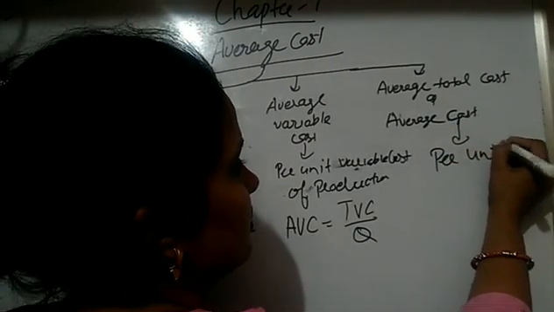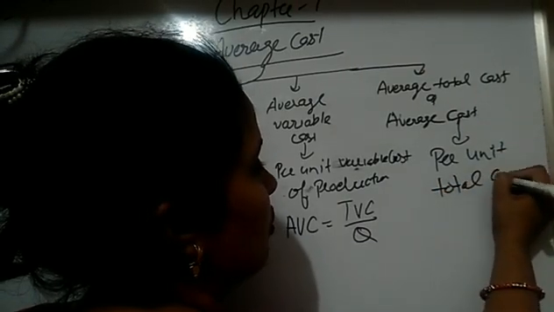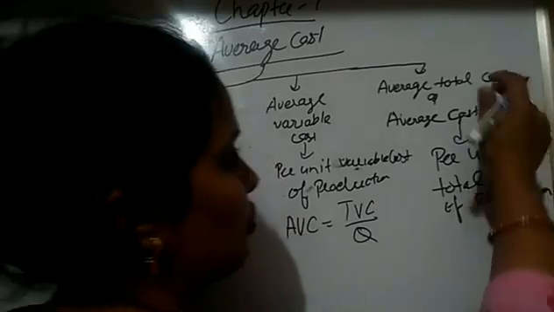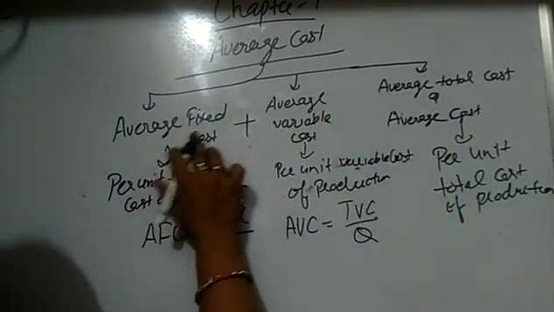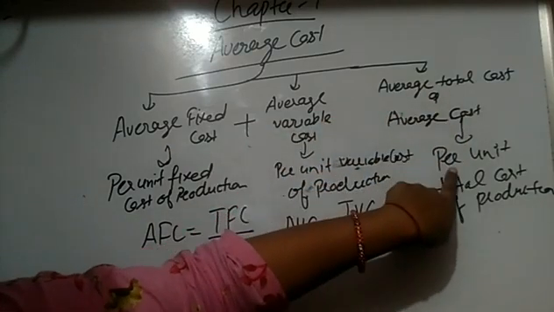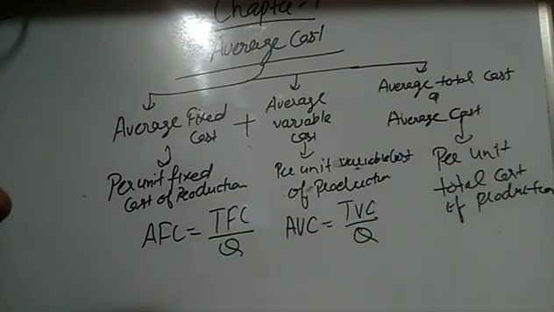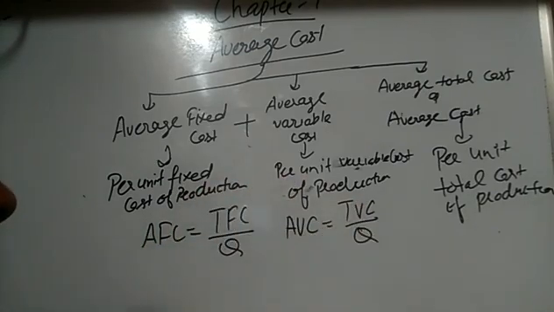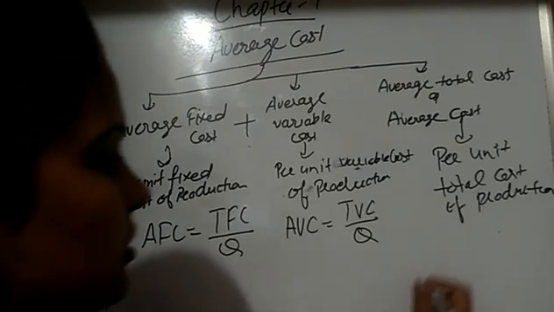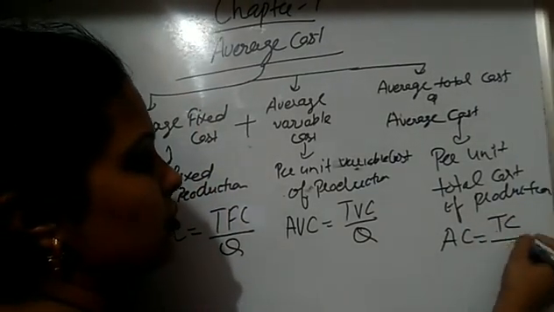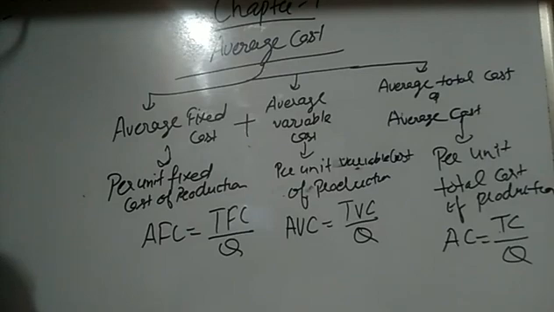As you know, the total cost of production is the sum of fixed cost and variable cost, so in this both fixed cost and variable cost are applied. The formula of average cost, AC, is equal to TC, total cost, by Q, quantity.